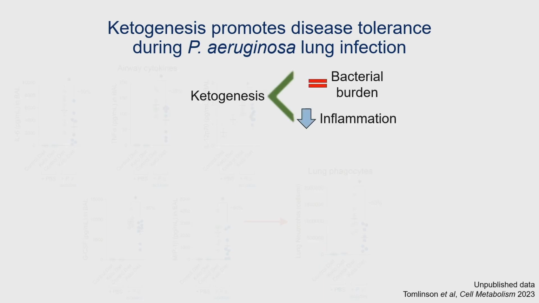And all of this is telling us that this metabolic program coordinated by the liver has nothing to do with the pathogen burden, but instead suppresses inflammation. And this is something that in immunology we know as a mechanism of defense called disease tolerance, in which the host, to try to limit the immunopathology triggered by the infection, suppresses the inflammatory response.